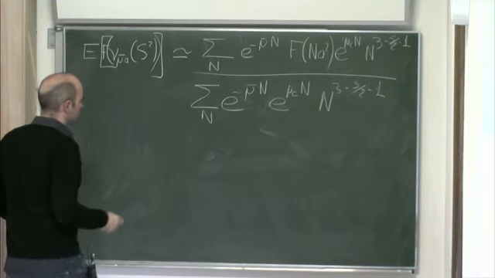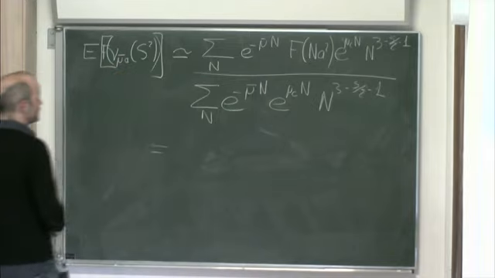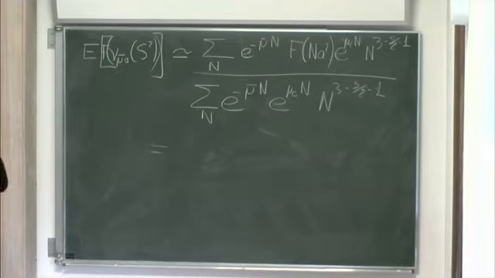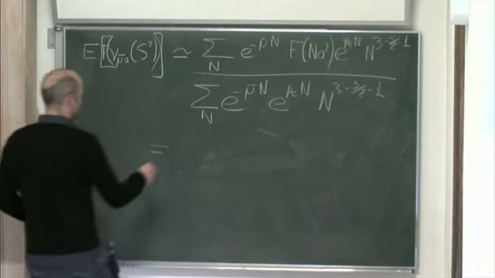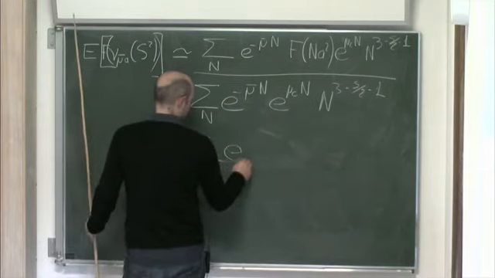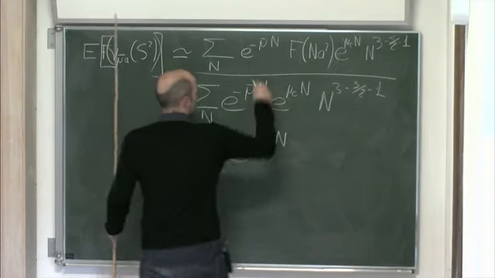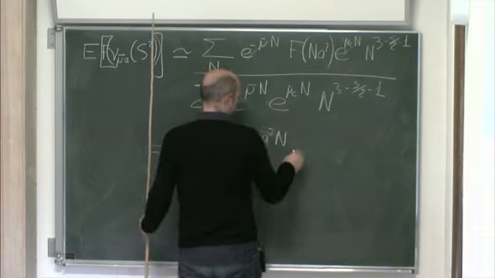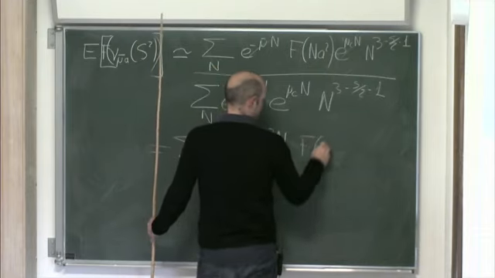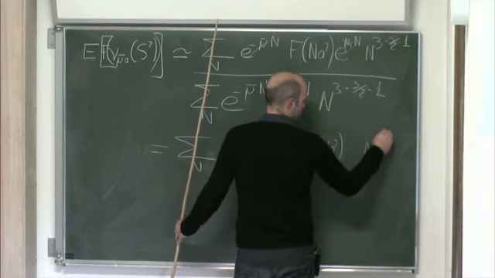Now recall that there is a relation between mu bar and mu critical, which is exactly this one. So you get a sum over n of exponential of minus mu a square n, because I simplify these two terms, times f of n a square and n to the power.